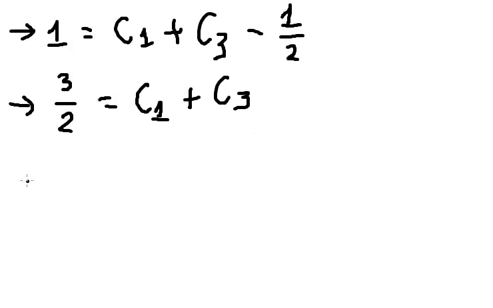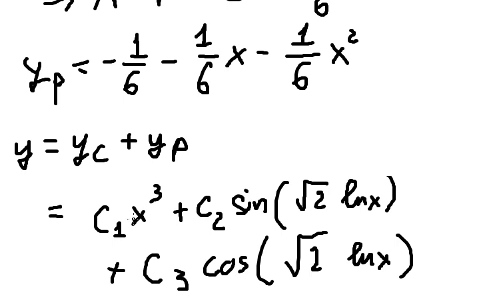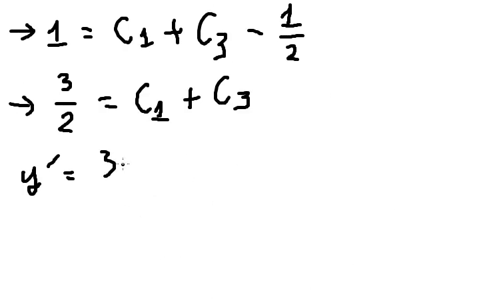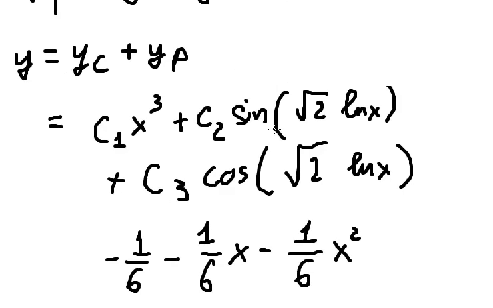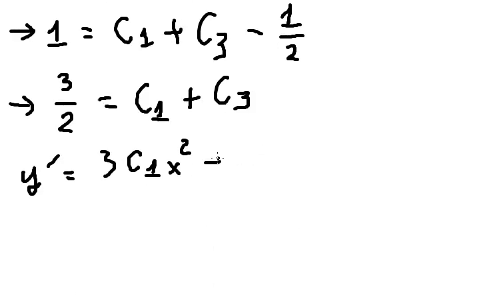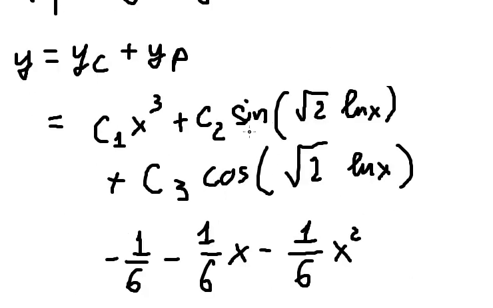Now we go to the first derivative of y. So this one we have 3x squared c1. If we do the first derivative of sine, we have cosine, and this one we have 1 over x.